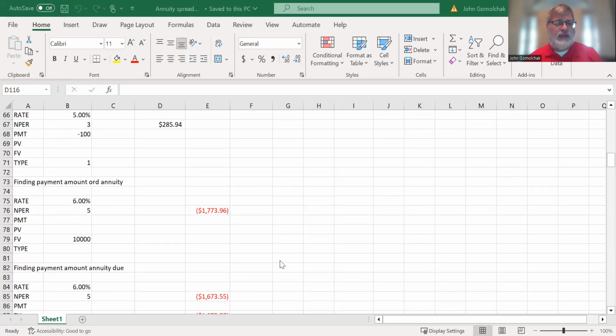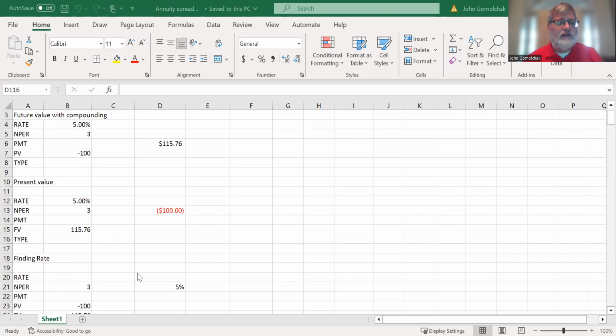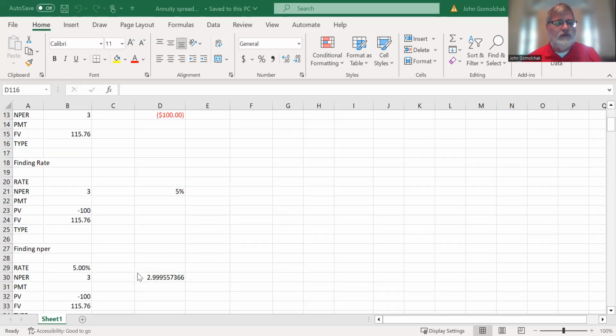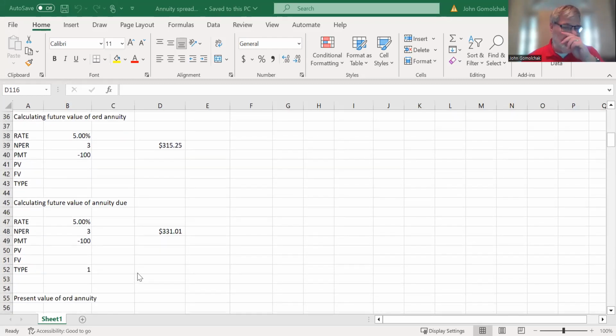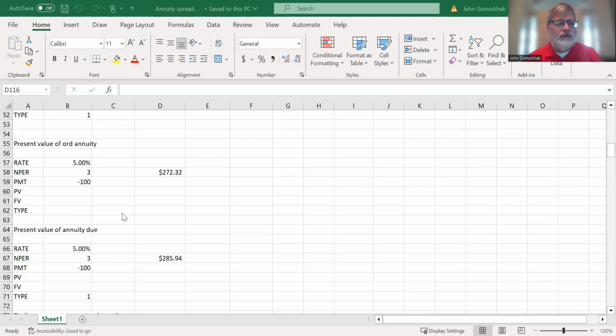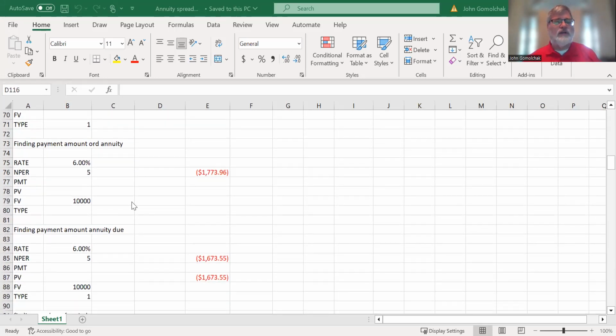Let me see if I can share my spreadsheet. Okay, bringing it up. So I just have to find where I am in here. Great, finding number of periods. Payment amount of an ordinary annuity.